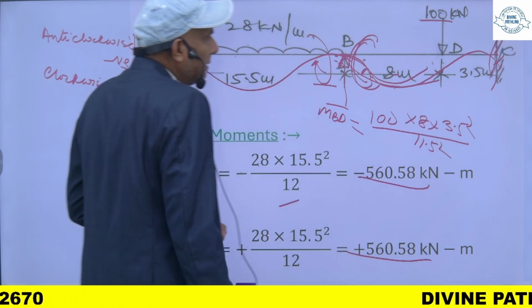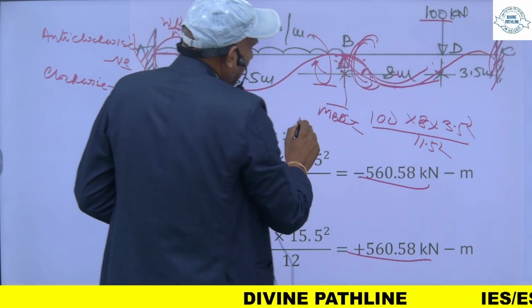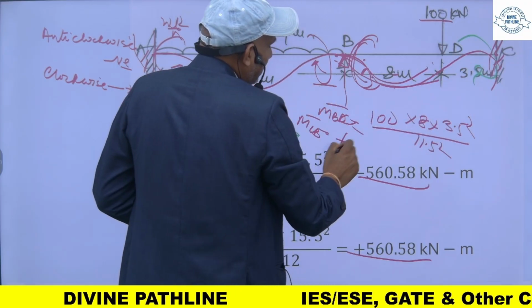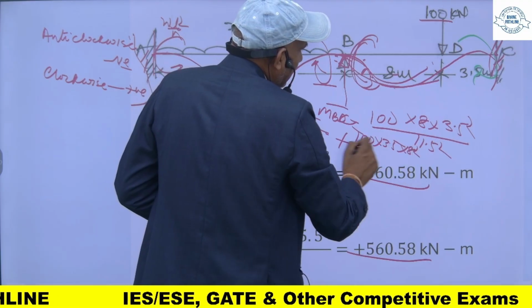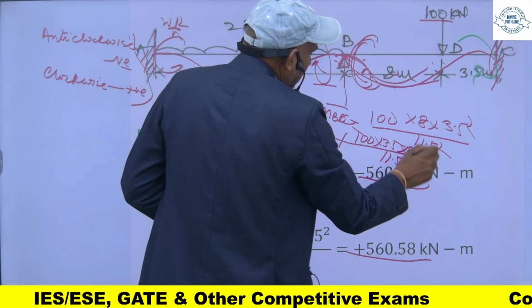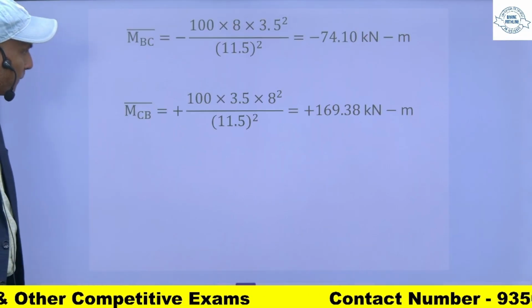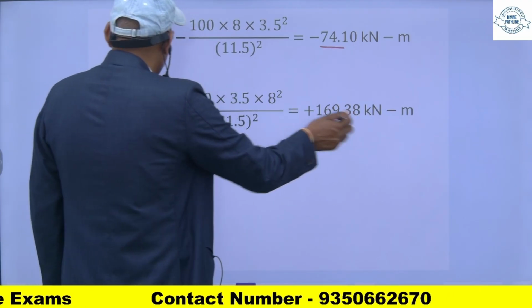This is MBC. And MCB will be, this is clockwise, so positive, 100 into 3.5 into 8 square upon 11.5 square. You will get this value. This is MBC and MCB.